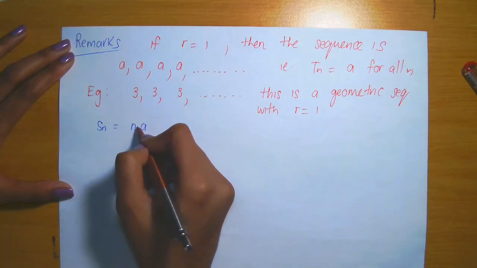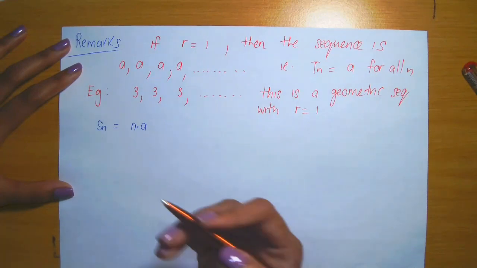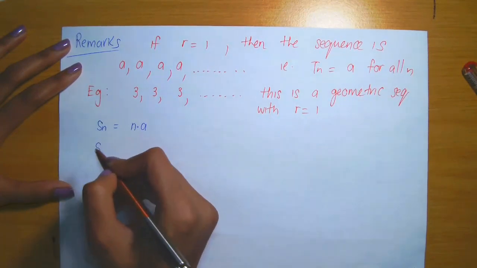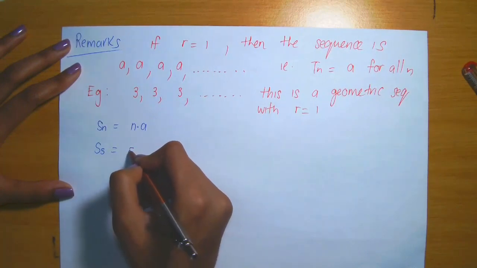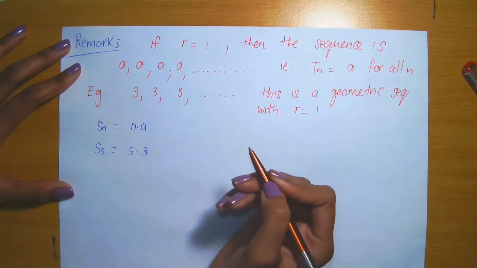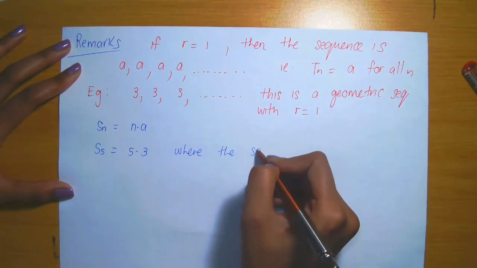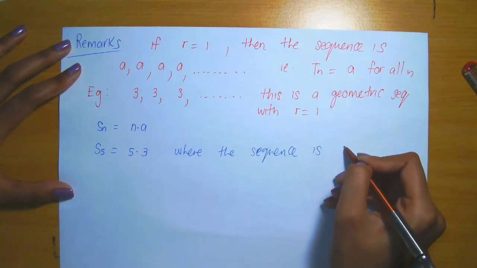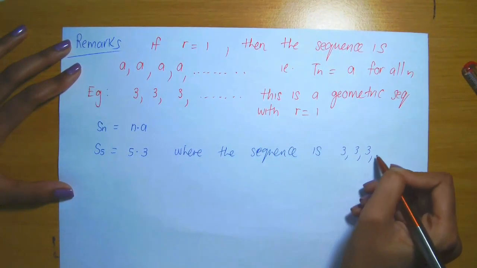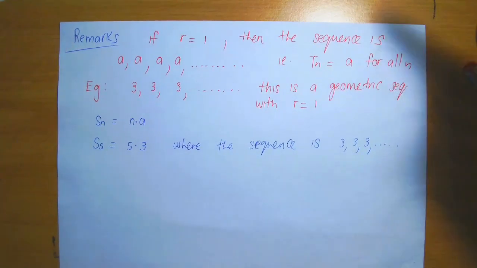It means that it will be n times A. So in the above sequence, where the constant value is 3 for each term, the sum to, for example, the first 5 terms will be 5 times 3. And that's where I'm going to end this video lecture.